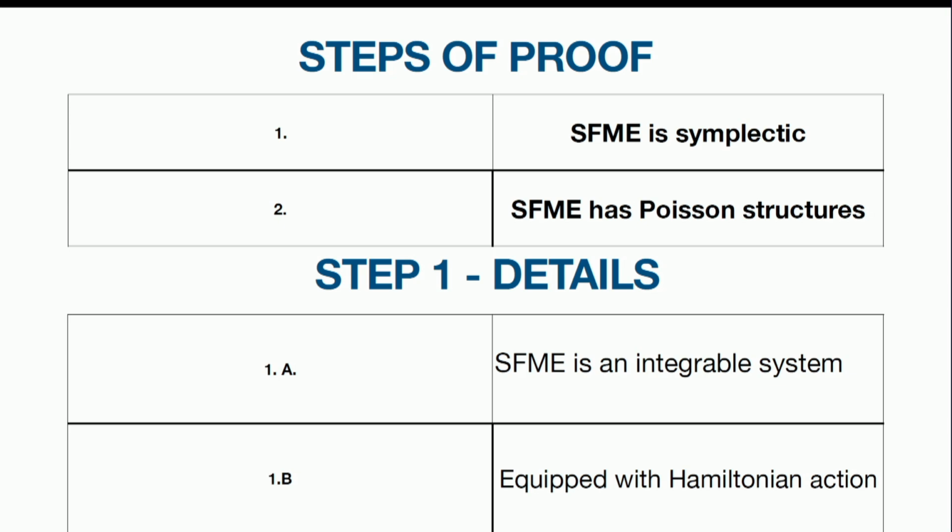First we see that SFME is a symplectic manifold. Then we show that it also has Poisson structures. For this side of the story, it's a little bit more complicated because we have to check it's an integrable system and equipped with some Hamiltonian action. So that's the plan.